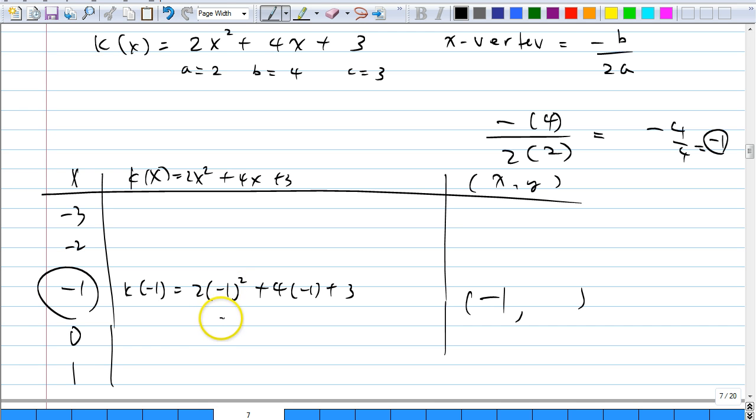That is simply positive 1. You get 2 plus, this is negative 4, plus 3, which then becomes simply 1. Does that make sense? So it's negative 1 comma 1 is your vertex.